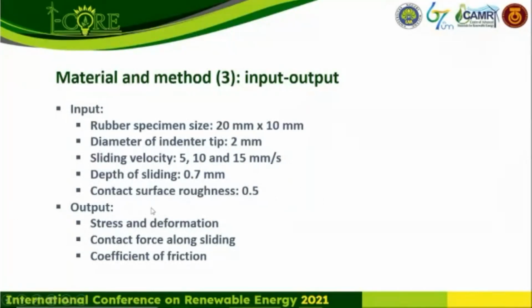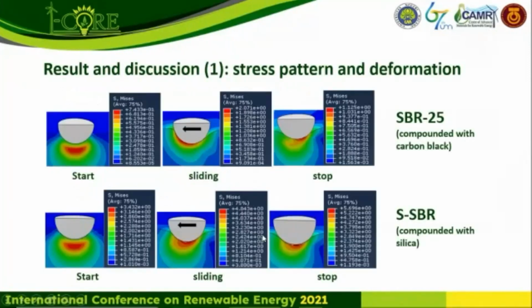The output of the simulation is the stress and deformation of the rubber surface, the contact force along sliding, and the coefficient of friction. Based on the stress pattern and deformation, the stress pattern in the start condition is still static, so the stress pattern is symmetric. Then there is the sliding condition, and the last is the stop condition after sliding.